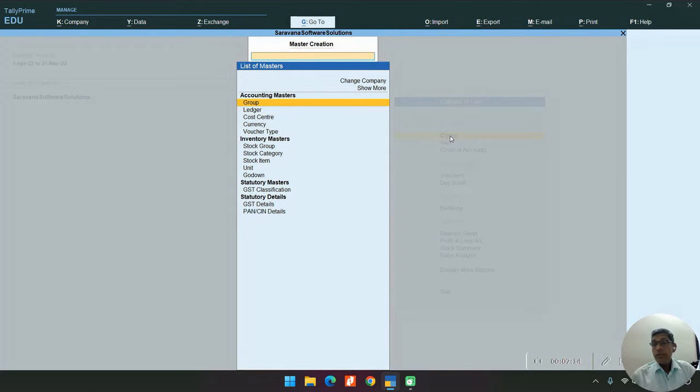In Tally, there are several groups already predefined. Almost 28 groups, of which 15 are primary groups and 13 are secondary groups. If you are going to create your own group, it may be a primary group or a subgroup.